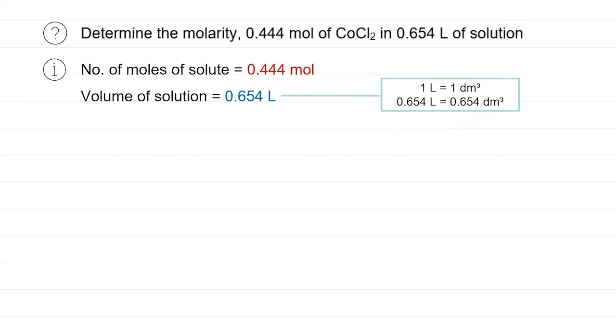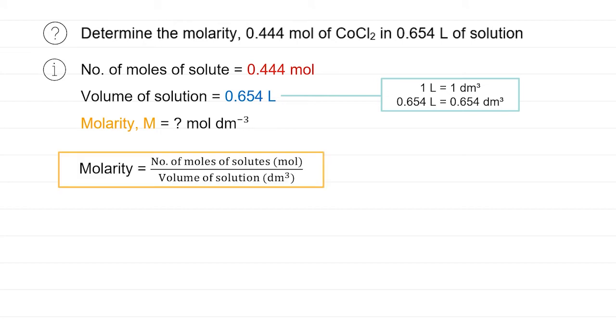Let's continue. So what is the molarity? We need to find the molarity in mole per decimeter cubic. Based on the formula, molarity is the number of moles of solute divided by the volume of solution.